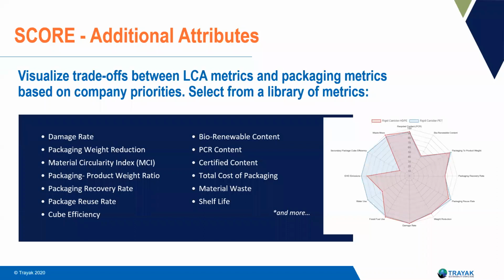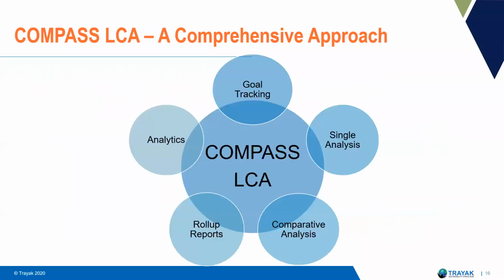So you always need to trade off that with the performance of the package itself. And so that's one of the things that we do pretty uniquely. And so we provide this library of metrics that you can pick and choose from along with your LCA metrics to do a more comprehensive analysis.